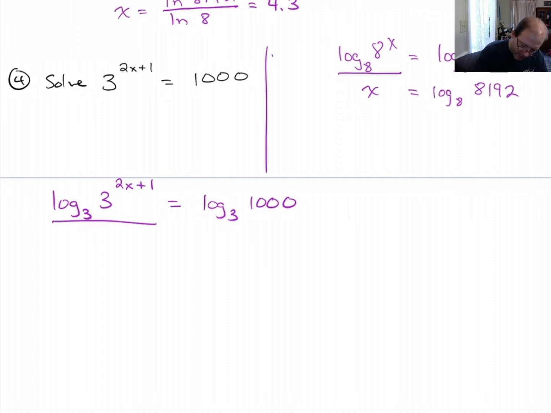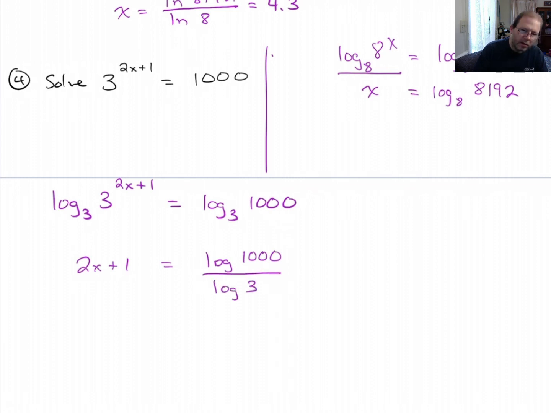All right, this side over here just turns into 2x plus 1. This over here is log base 3 of 1,000. Let's write it as log 1,000 over log 3. I could use natural log or common log here. I'm using common log because log of 1,000 is 3.